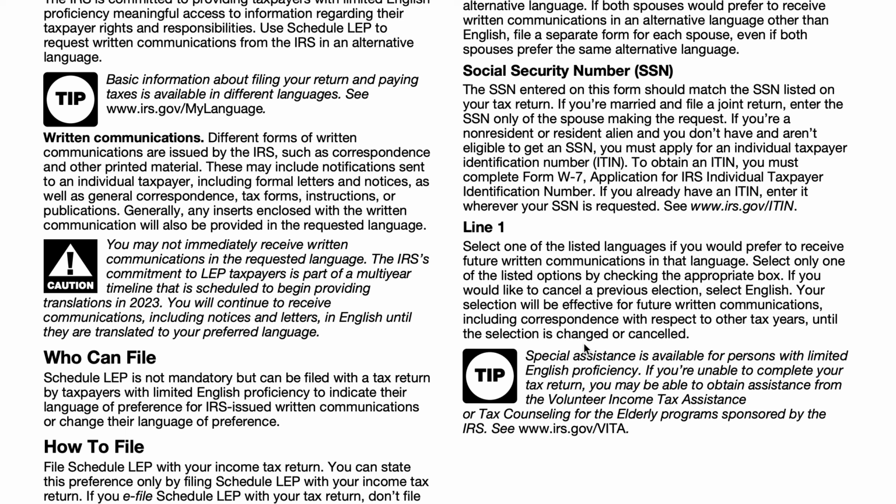So if I were advising a tax client, I would probably say, out of caution, I would suggest filing this form every year until you're told that you don't have to.